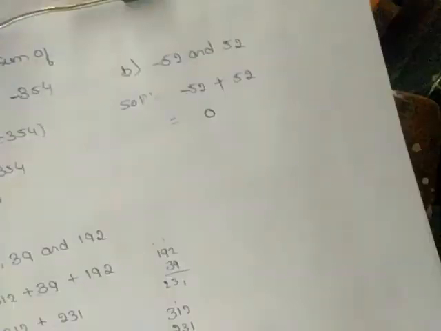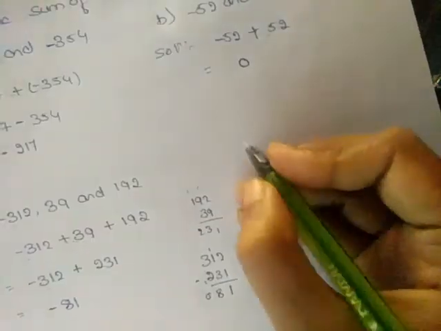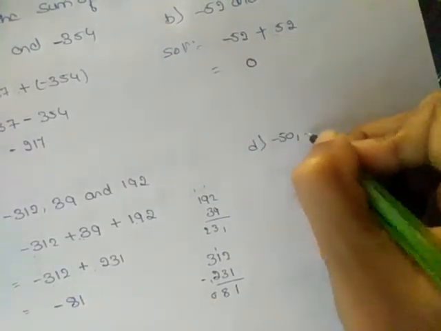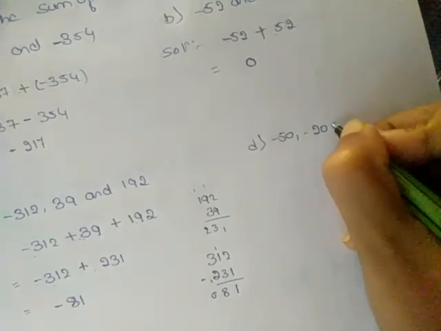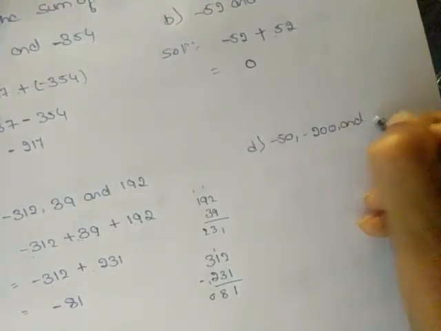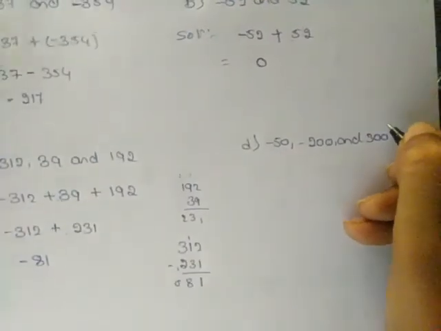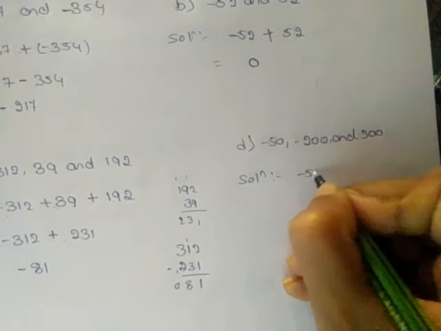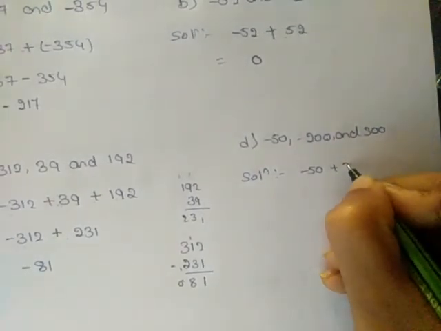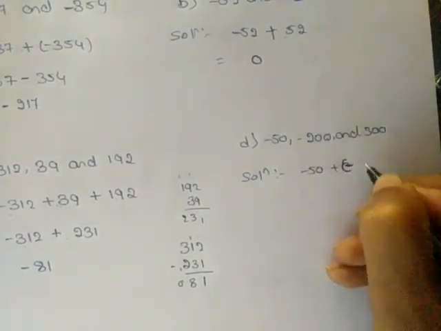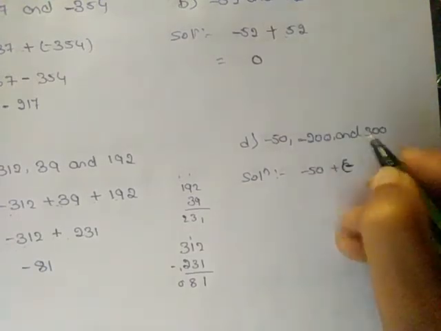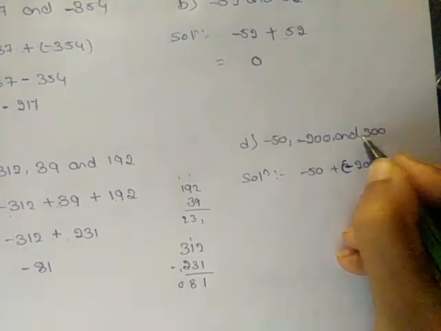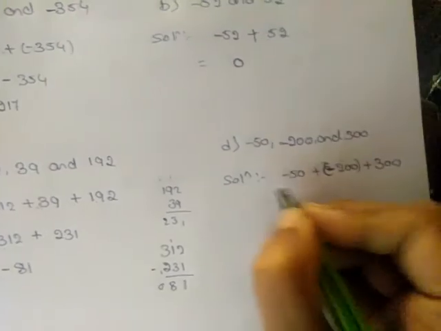Okay, then D1: minus 50, minus 200 and 300. Solution: minus 50 plus, into bracket, why am I using bracket, because here it is minus, minus 200, plus, there is no minus sign, so we'll write plus 300.